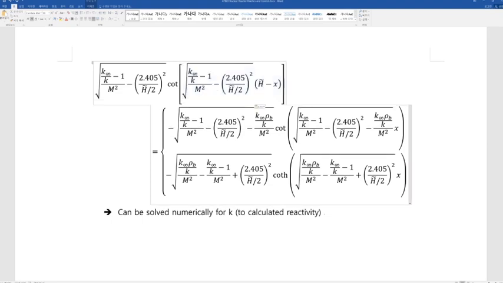So h tilde is already specified. It is related to the geometry of the reactor. And the reactivity worth of the rod can be assumed to be already known. So the only unknown in this equation is k.